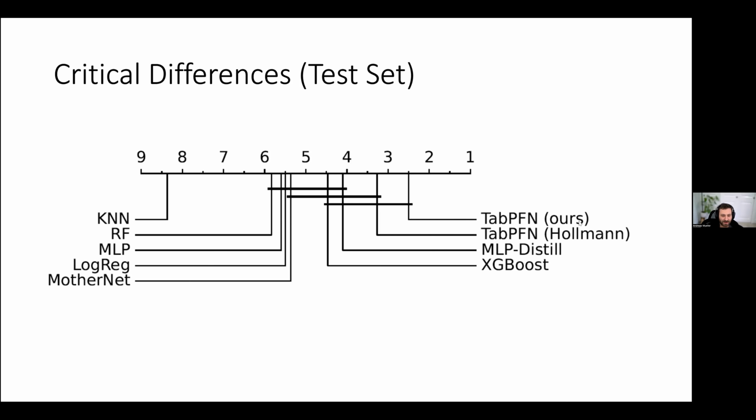And if you take out our TabPFN, then MotherNet and XGBoost, MLP distill, and the whole TabPFN are all in an equivalence class. Again, the reason I don't trust this test set is because random forest is worse than logistic regression. And that seems a little bit strange to me.